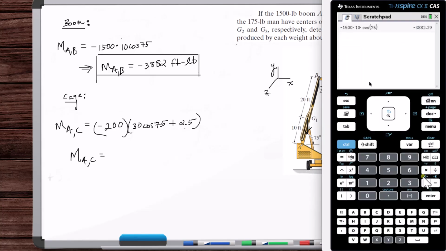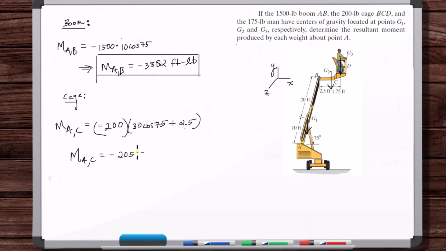So minus 200 times 30 times cosine of 75 plus 2.5 equals minus 2053 foot-pounds.